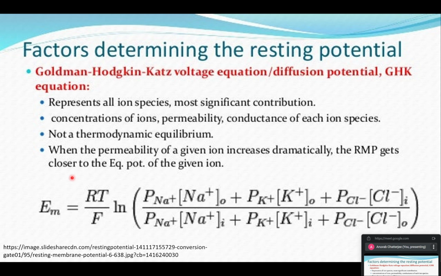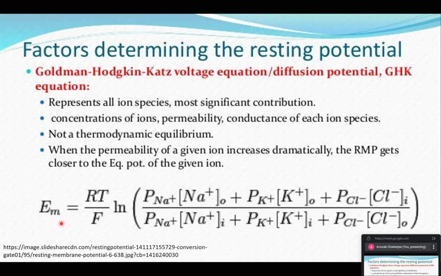In case of different ionic species such as sodium, potassium, calcium or chloride, we have seen that the permeability of all of them as well as the concentration of them depends on the resting membrane potential. So there were three scientists, Goldman, Hodgkin and Katz, who gave a way to calculate the mathematical formula for membrane potential.